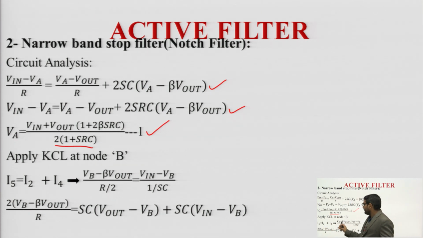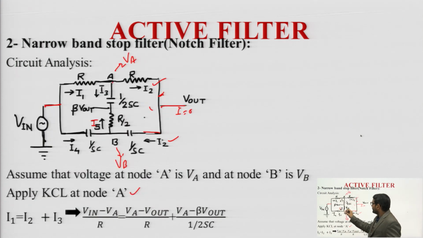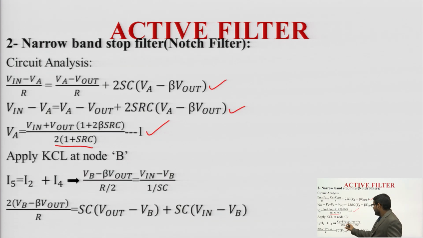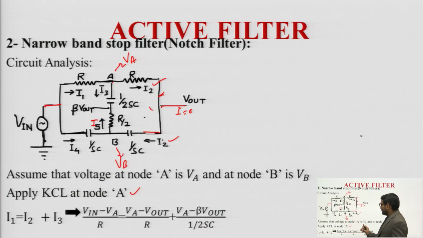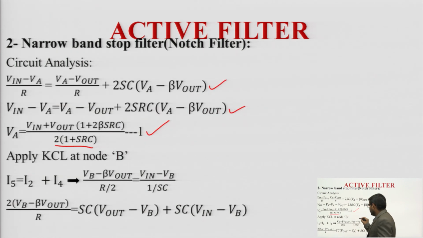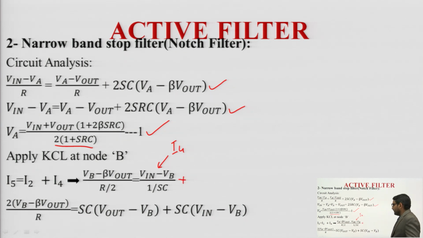Here I5 is V B minus beta V out divided by R by 2, and this is the value for I4, and here we put the value of I2.